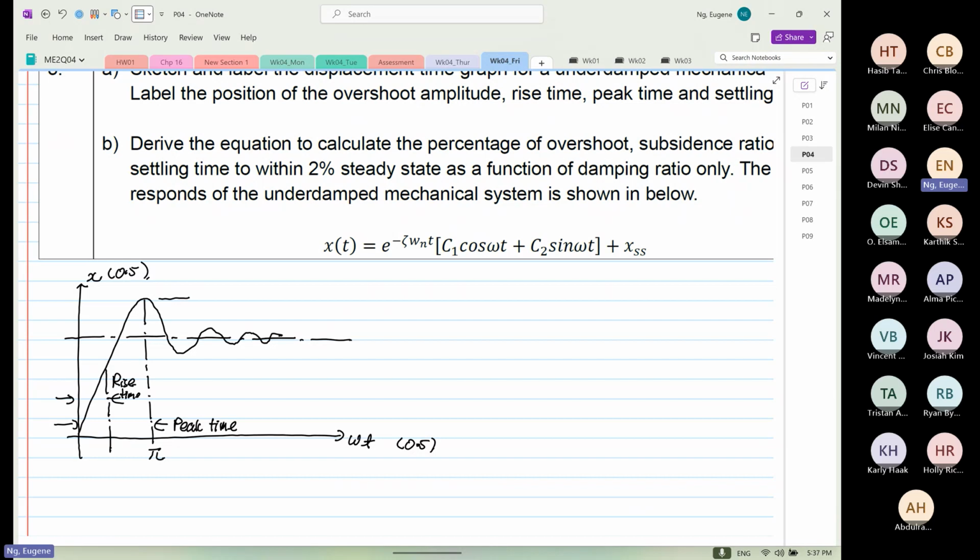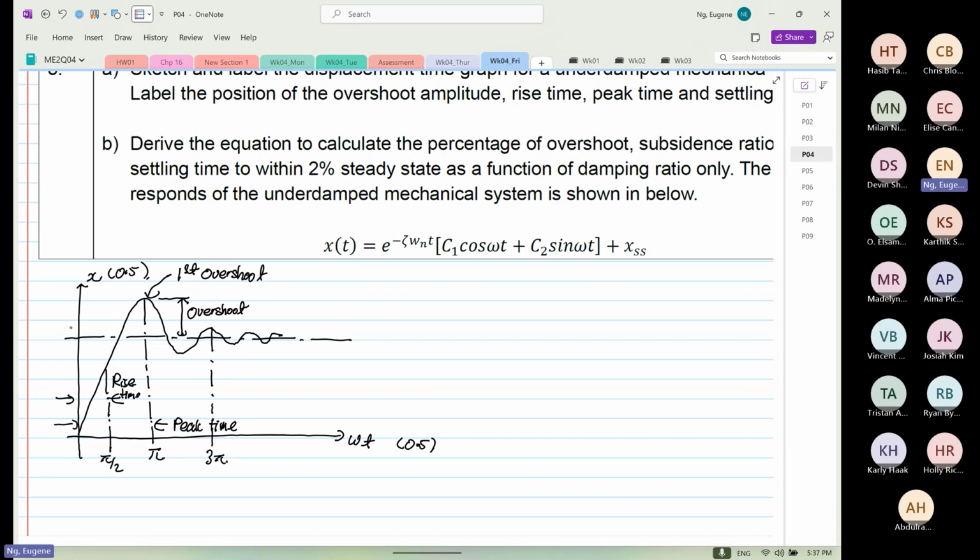The distance from here to here is your overshoot. And this point over here is your first overshoot. And this point over here is equal to your 3 pi. This is pi over 2.